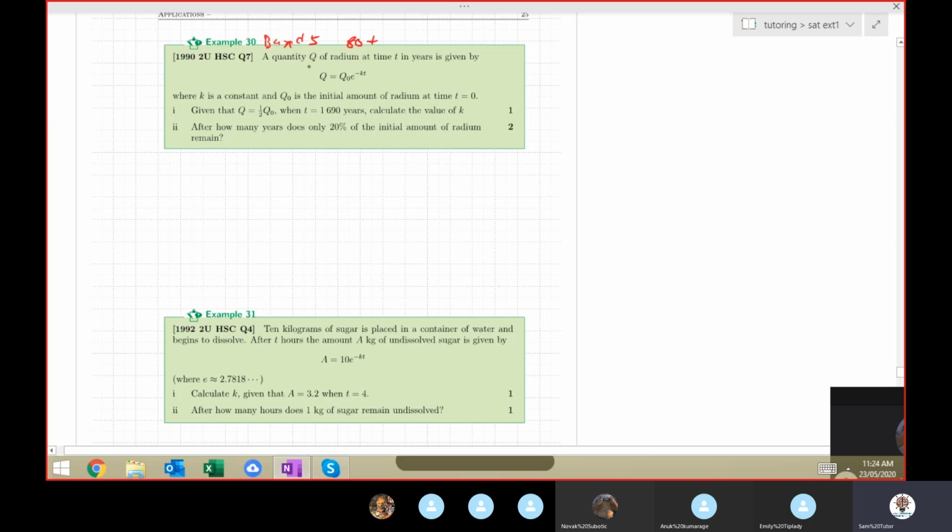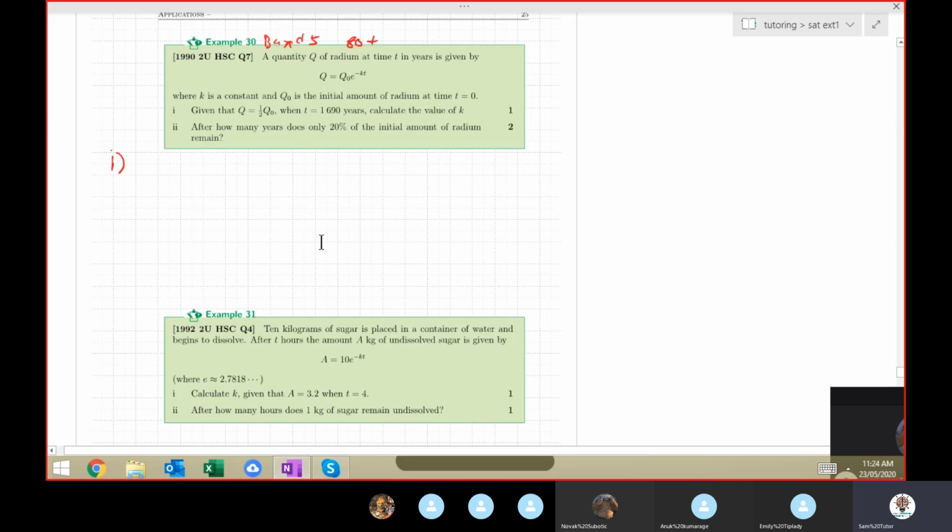Don't read into the words too much, but here we go. A quantity Q of radium at time t in years is given by Q equals Q naught e to the negative kt, where k is a constant and Q naught is the initial amount of radium at time t equals 0.